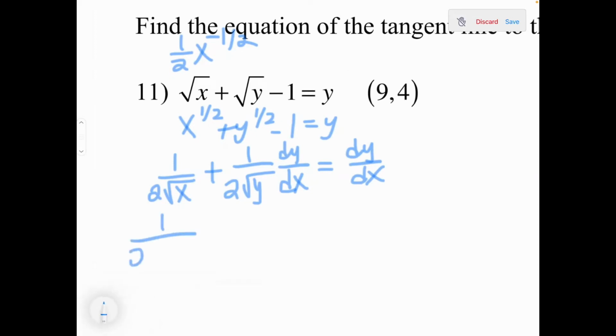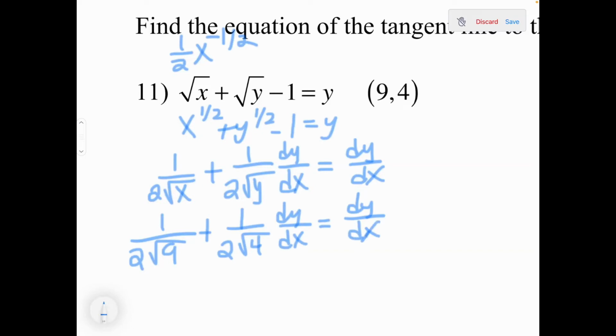We get 1 over 2 times the square root of 9 plus 1 over 2 times the square root of 4 dy dx is equal to dy dx. That's 1 over 2 times 3. Square root of 9 is 3, so that's 1/6 plus 1/4 dy dx is equal to dy dx.